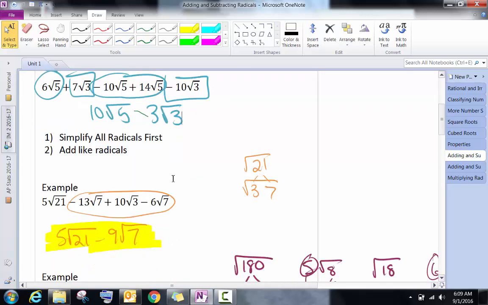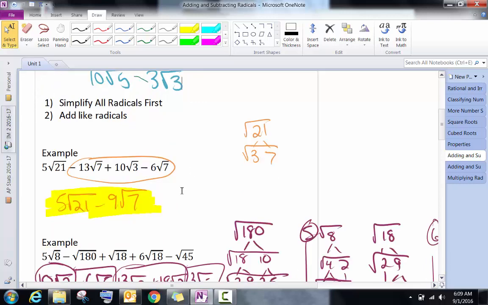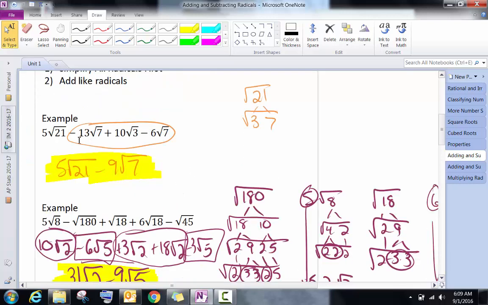So when we're adding radicals, there are two steps: first you have to simplify them, just like what we've been doing recently. Then you add like radicals. So if we look at this example, 7 and 3 can't be factored anymore. They're prime. 21, you can factor to 3 and 7, but there's no pairs, so we're just going to leave it how it is. So 5 root 21 doesn't have any like terms, we just leave it.